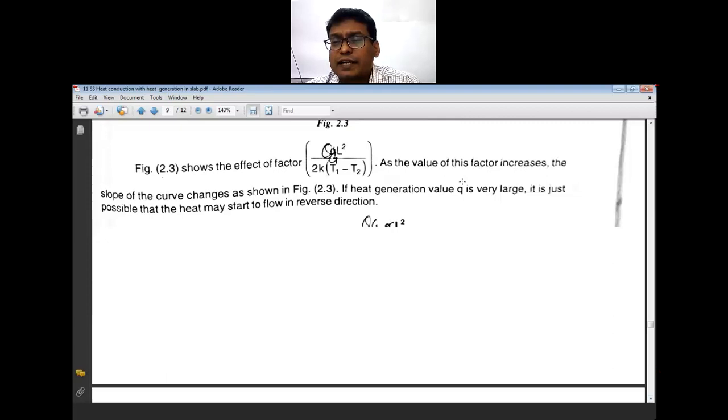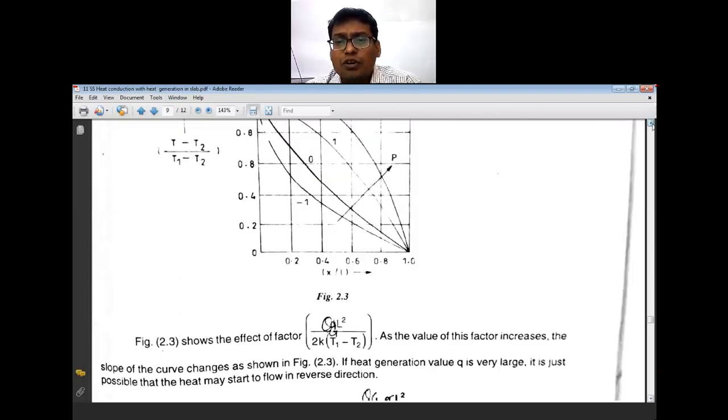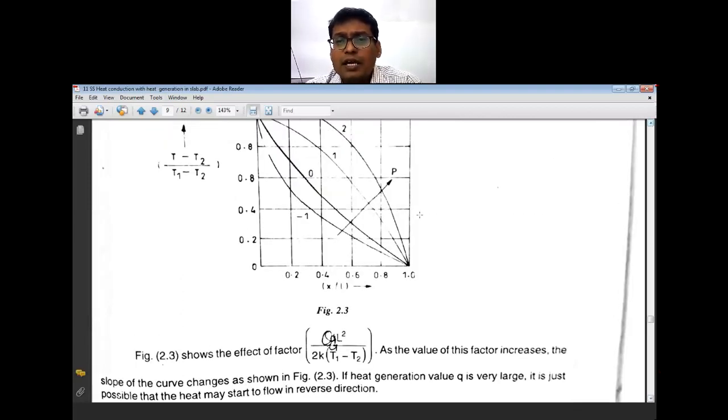So as the value of this factor increases, the slope of the curve changes as shown in the figure. So this P is going to change the behavior of the graph. From -1 to 0 to 1 to 2 to 3, the graph changes like this.